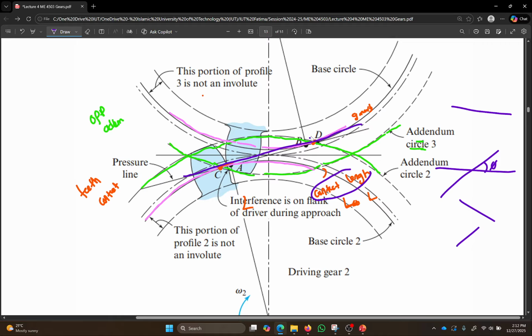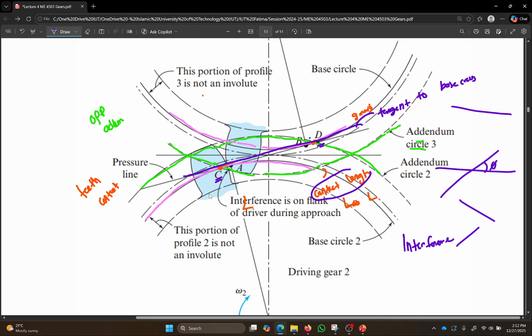This line of action is tangent to the base circles. To prevent interference, consider your C point and your D point.